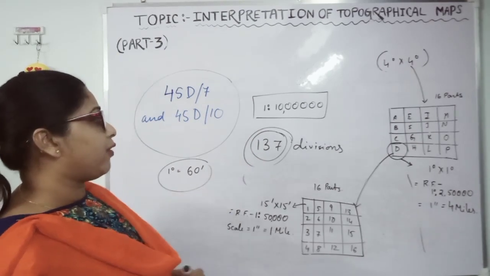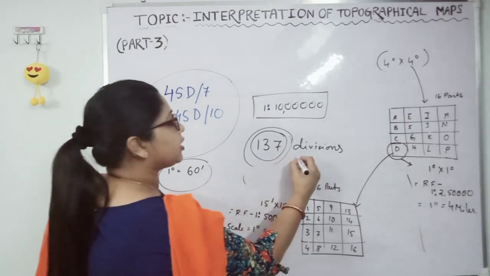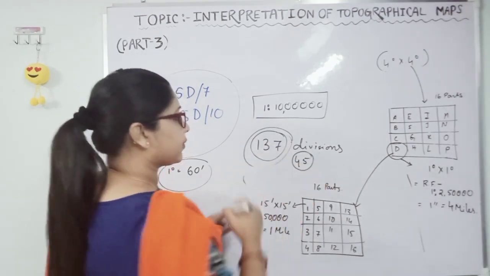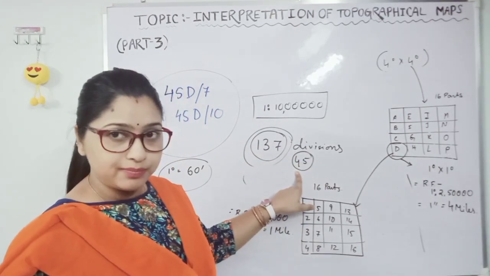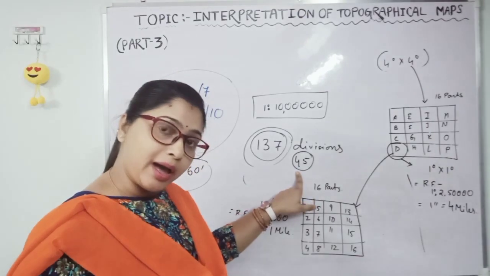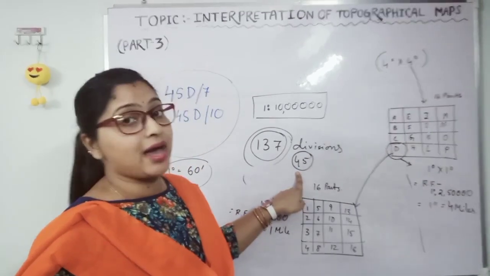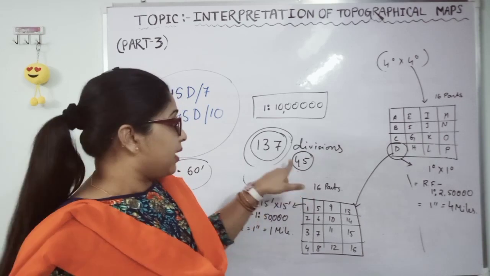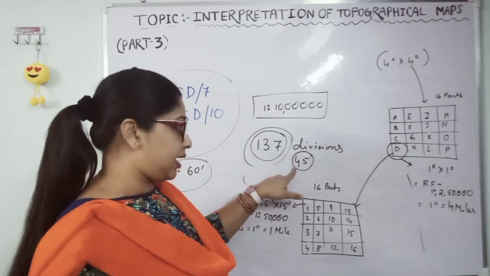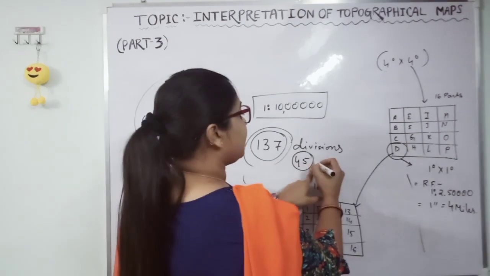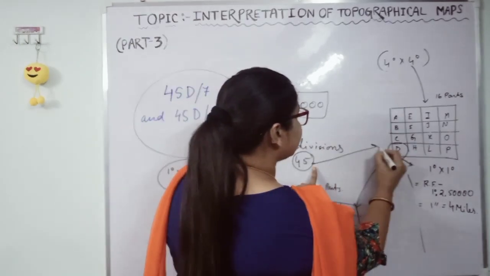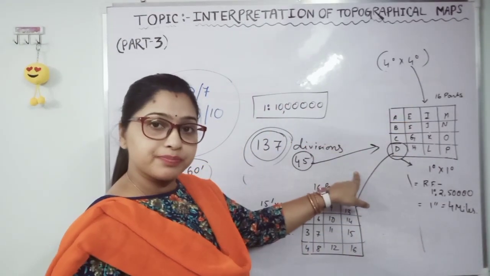Out of that 137, which number was 45? It is a part of India, the Rajasthan and Gujarat part. Number 45 was taken, and this 45 is again divided into 16 divisions.